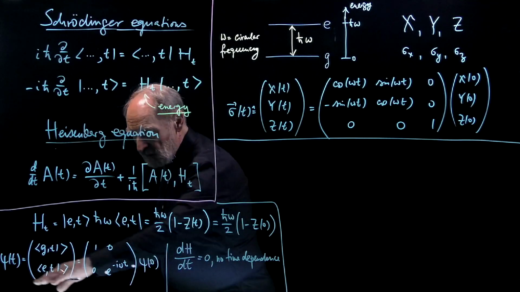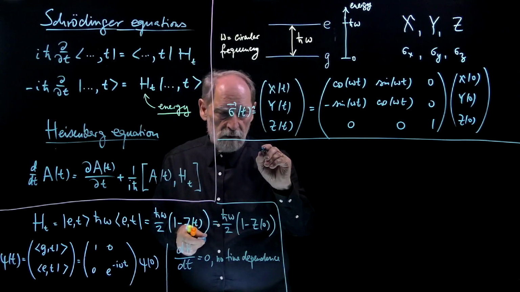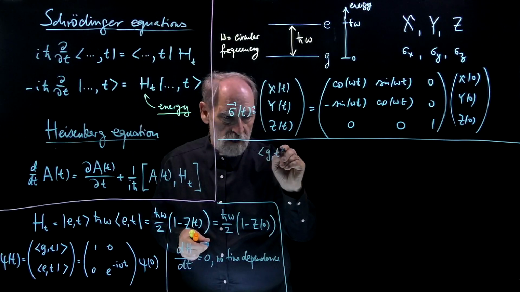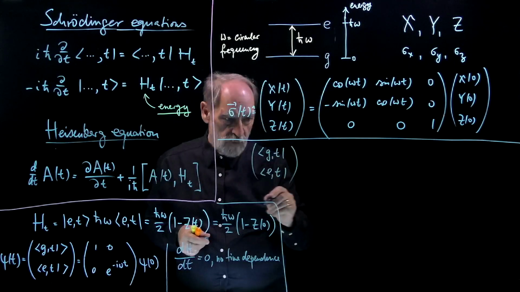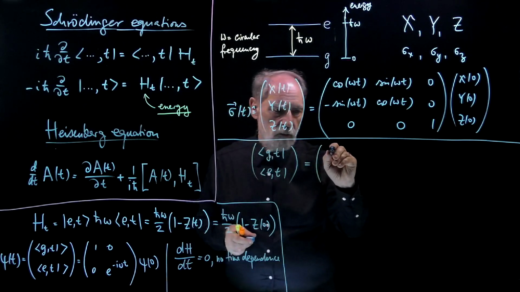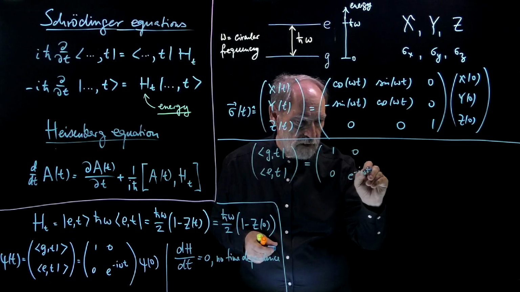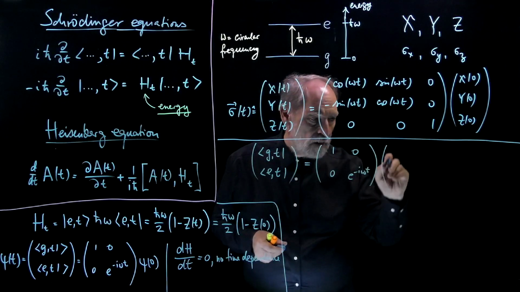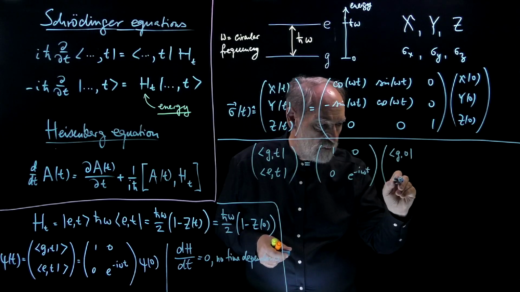So what this says is that the column of bras g of t, e of t is equal to the matrix 1, 0, 0, e to the minus i omega t, times the column of bras at time 0.